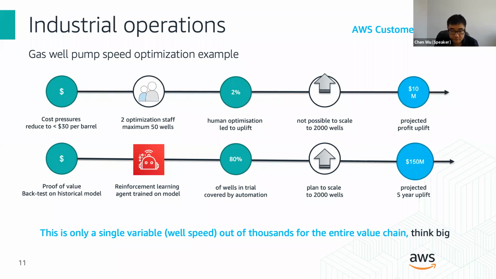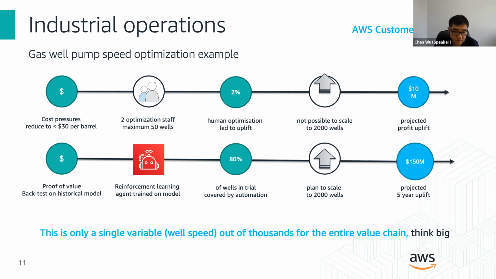Compared to previously, when the speed was optimized by the operators, using RL is certainly able to scale the operations to thousands of wells. So this is quite exciting for the customer.